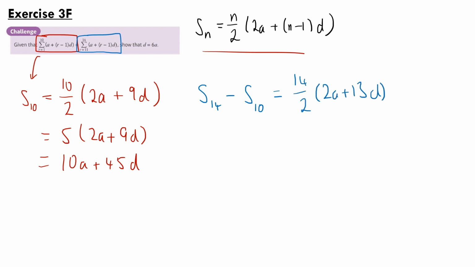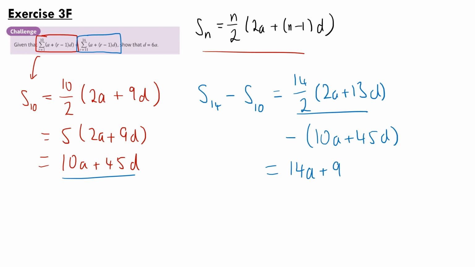And then we're going to take away S10, which we've already worked out, so we're just going to take away 10a plus 45d. Expanding the brackets here, we have 7 lots of 2a, so that's 14a, and 7 lots of 13d, which gives us 91d, and we're taking away 10a and 45d. So we have 4a, and we're adding on to that 46d.